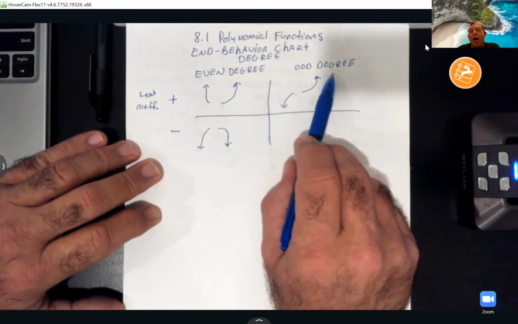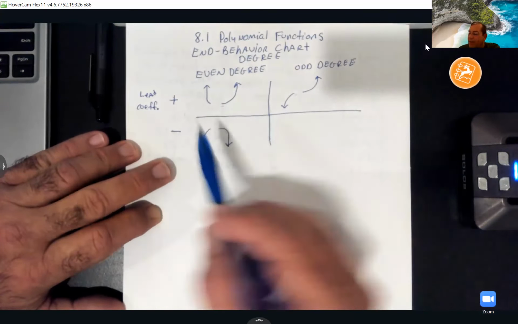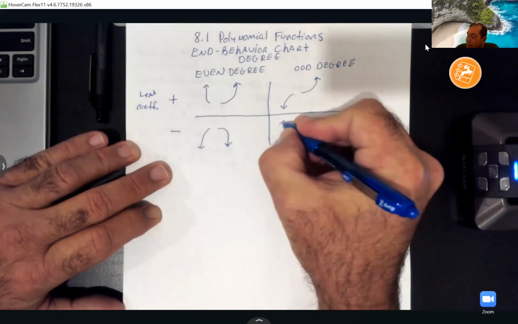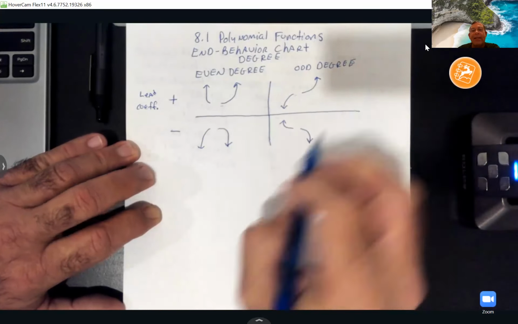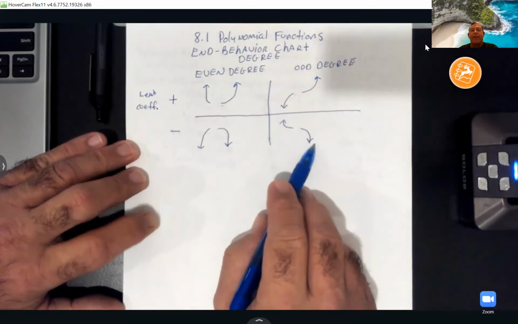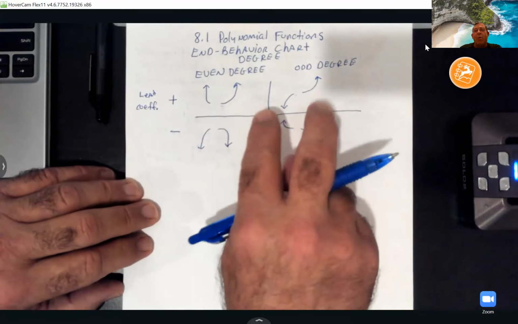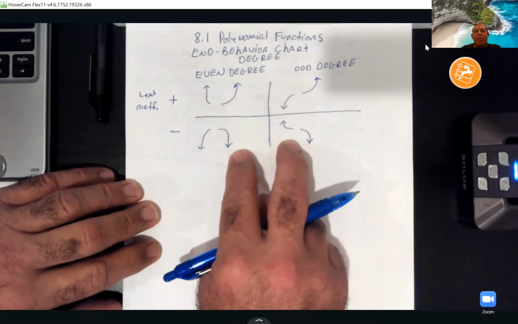Now, if I'm an odd degree and my lead coefficient is negative, it's going to flip this over. And instead of going uphill, it's going to look like it's going downhill, left to right. So, y'all, that's the 4 things that can happen with these polynomials.